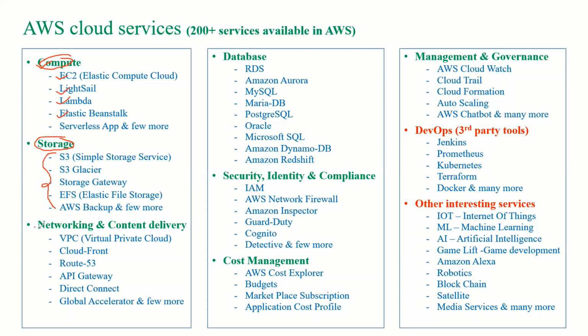Similarly, we have network services. Under network services, once again, there are many services available. And further, we have databases. Under databases, different types of databases are available. You can use RDS, Amazon Aurora, SQL, MariaDB. Remember, guys, most of you were asking for Power BI, right?